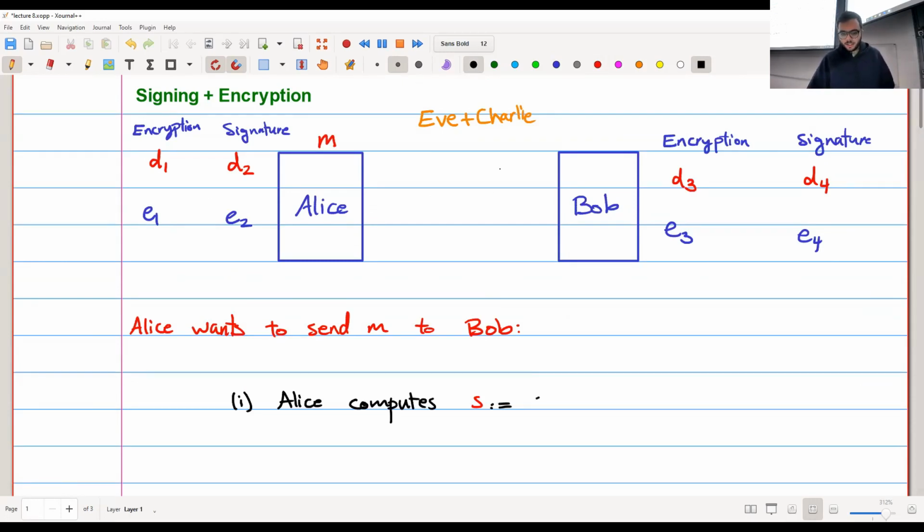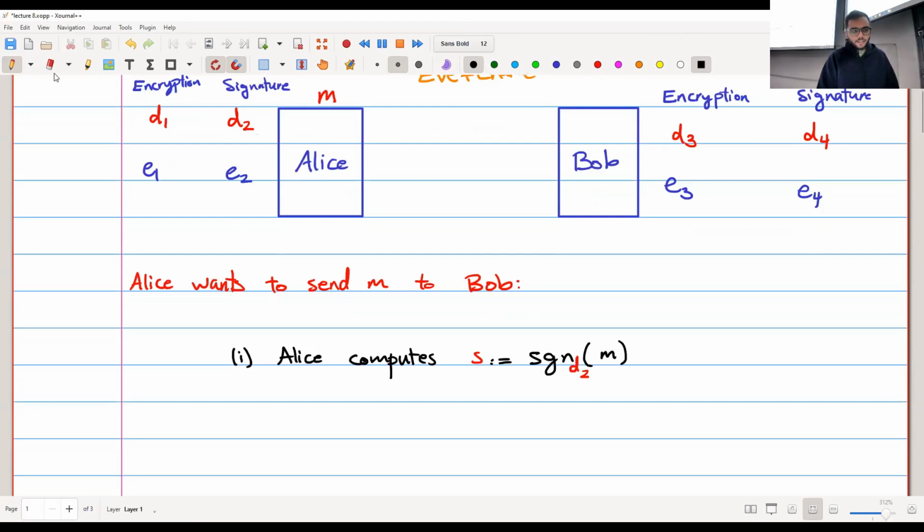This is just the signature of Alice on the message M. And the signature is using the private key for signing, so using D2. Okay. And last time we said that we don't sign on the message itself, we actually sign on the hash of the message. So actually, this is what Alice computes.